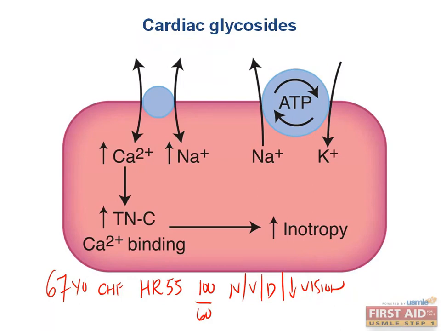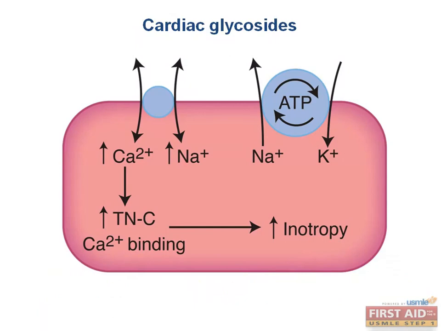You probably won't see an EKG. This might be one of the rare occasions where you get a classic descriptive buzzword such as inverted T waves on the EKG in your vignette. Or if you do get an EKG, it will be something strikingly obvious like crazy ST changes. The question will be, what is the next step?